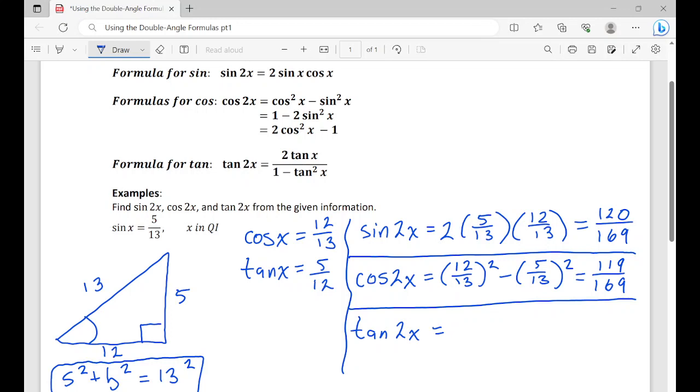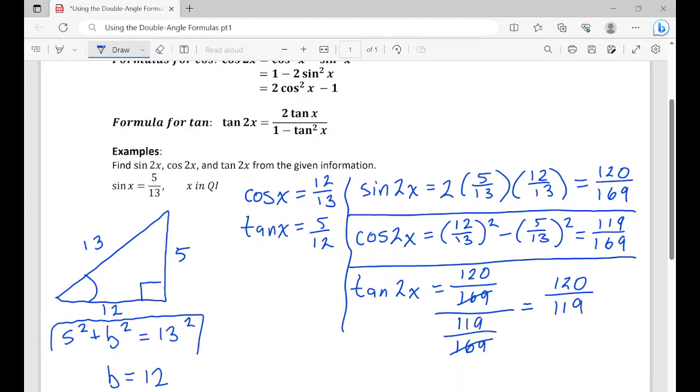So that's what I'm going to do. 120 over 169, all divided by 119 over 169. The 169s cancel out, leaving me with 120 over 119. And those are my three double angle formulas.